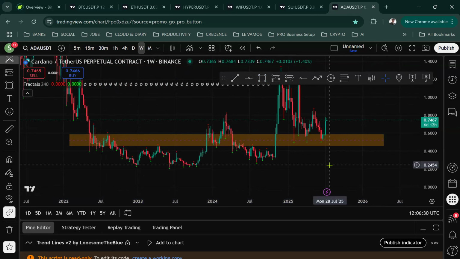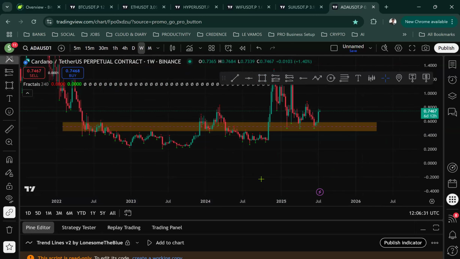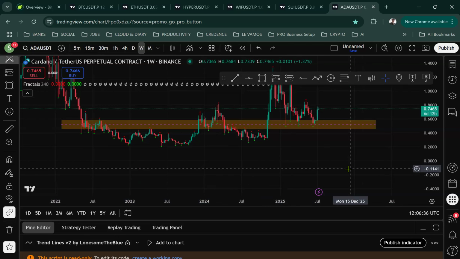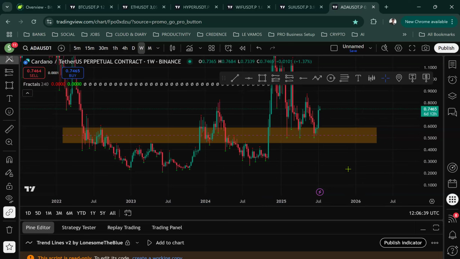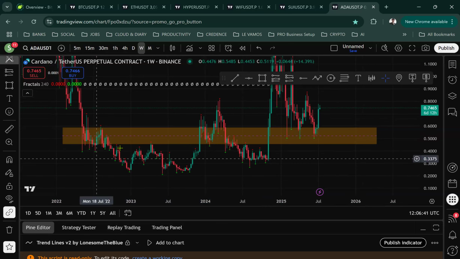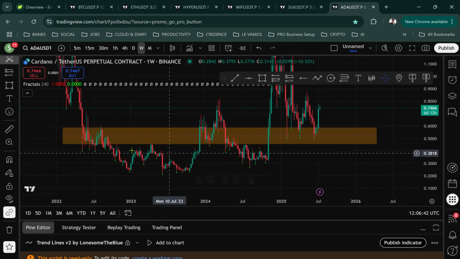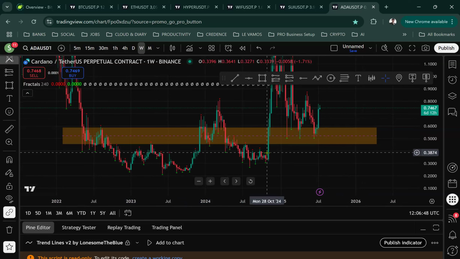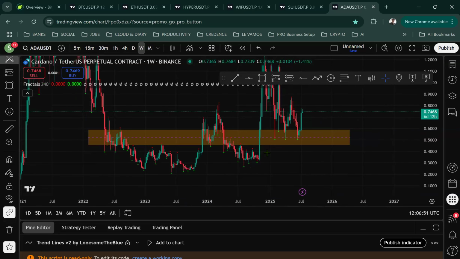This is exactly correct, because here I can see resistance here, and here a mix of support and resistance.